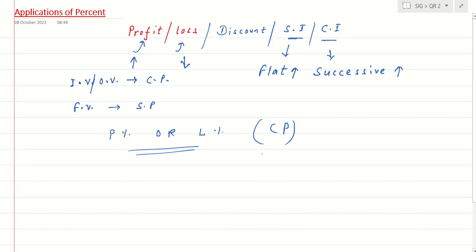Exactly the same thing we have done in the percentage increment or decrement. The increment we find of the initial value, which means the original value, which in this context is the cost price. And decrement we find of the initial value, which in this context is the cost price, meaning the loss percentage or profit percentage of the cost price. Very simple.